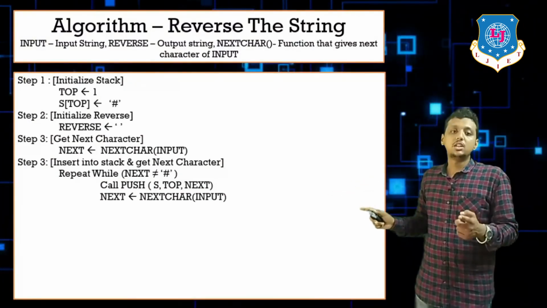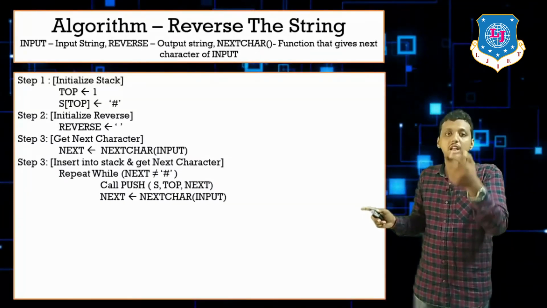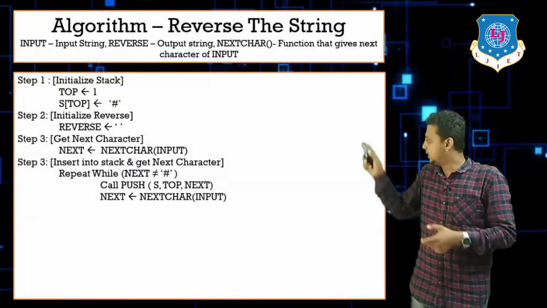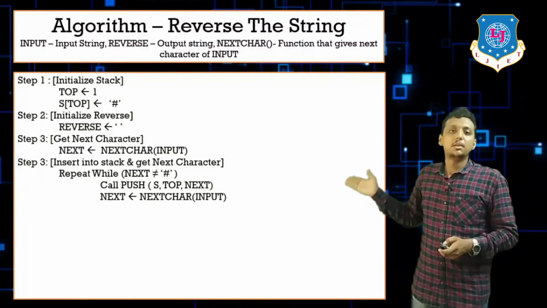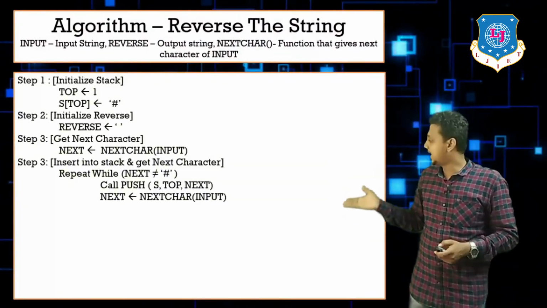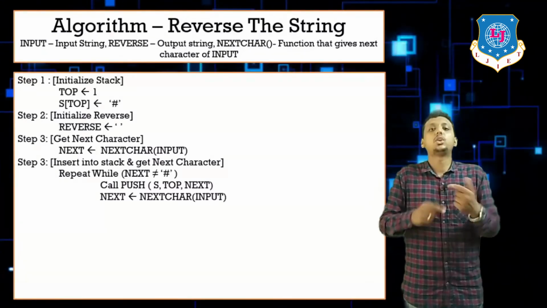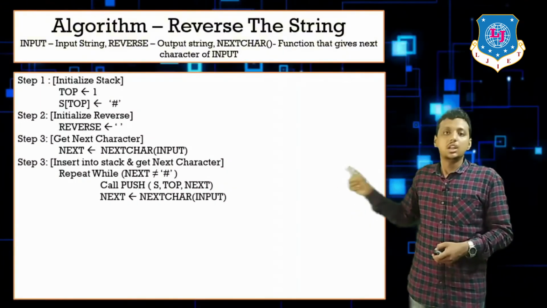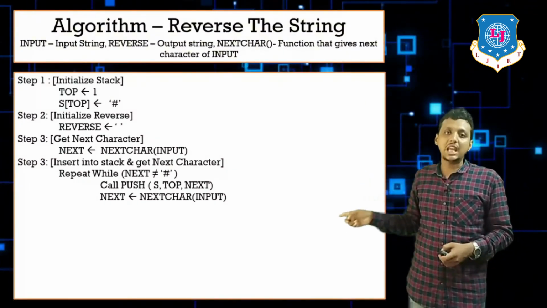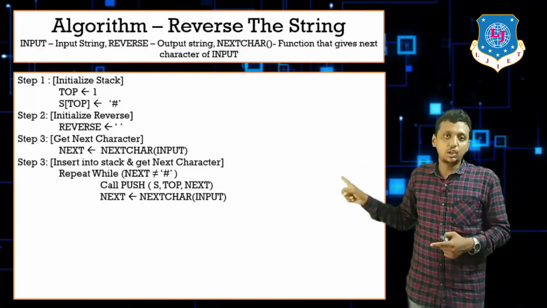So repeat while next is not equal to hash. What to do? First push your previous next value inside the stack and get another one. So I call push next over there, and then next arrow next character of input, I call this function again to take the next value. So just imagine our previous example. We get the D, push the D inside the stack and then get A, check the condition, is A equal to hash?